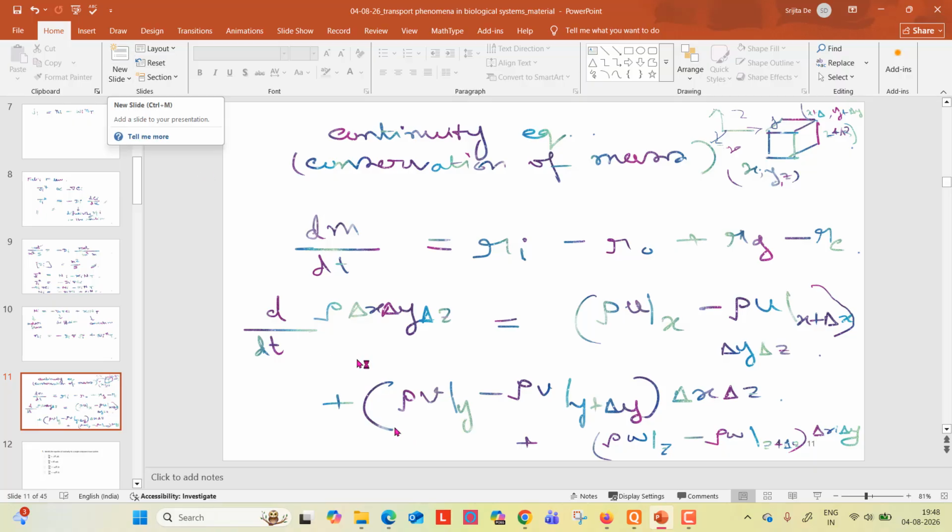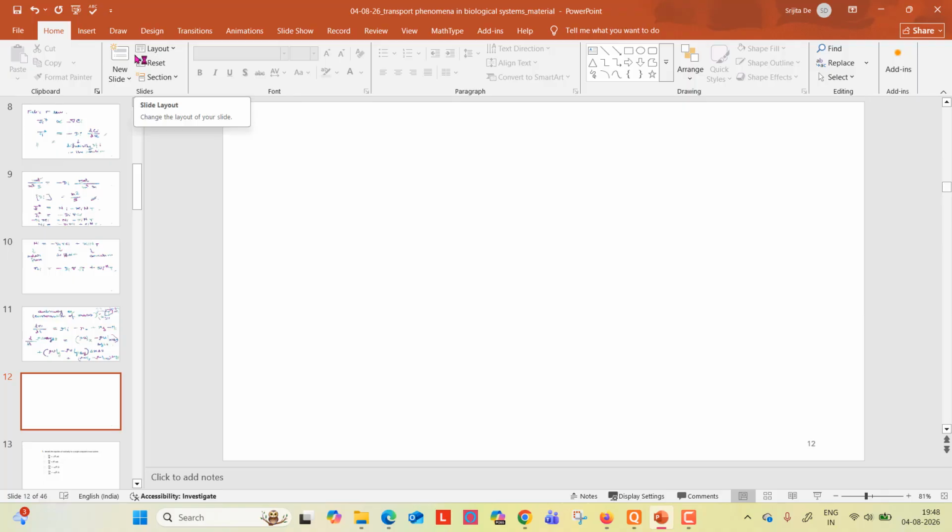So now we'll divide this with delta x, delta y and delta z. What will we be left with? So it will be del rho del t equals to, dividing by delta x, delta y, delta z, and we'll be taking the limit that delta x tends to 0, because we are considering it as an infinitesimally small particle, or small sphere, or sorry, a small cube in a bigger particle system.